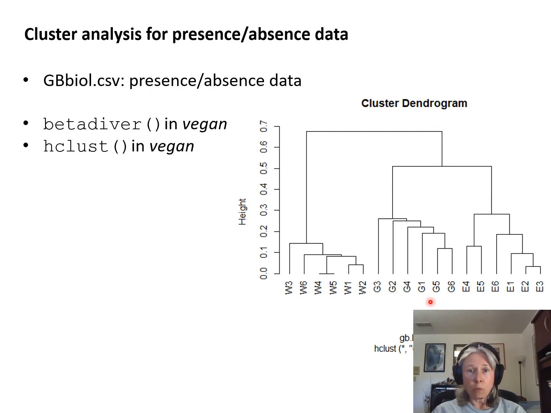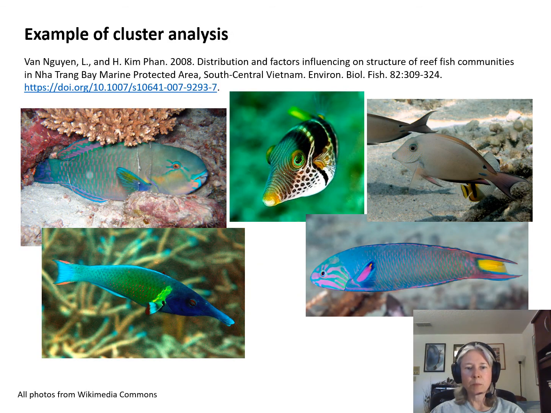Okay, so now I want to cover a few empirical examples from the ecological literature. In this first study, these researchers used the Bray-Curtis dissimilarity metric in a hierarchical cluster analysis to identify 5 distinct assemblages of reef fish out of 266 species that co-occur on coral reefs in Vietnam, with groupings based on various environmental variables such as coral type and water depth.